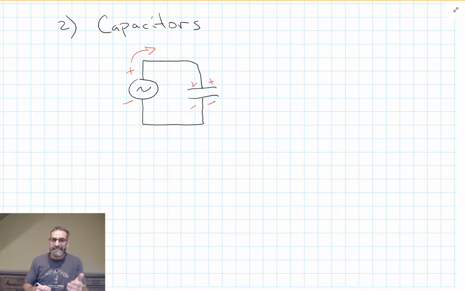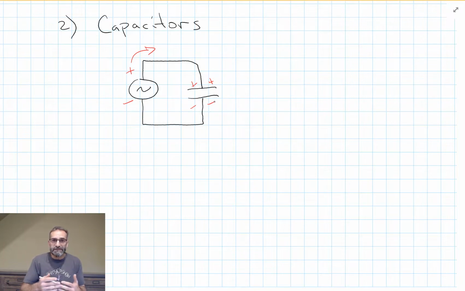But we don't call it resistance because it's a very different mechanism here. Resistance occurs because the electrons moving through the conductor collide with the atoms and molecules that make up the conductor, and that hinders their motion. And that's what we call resistance. In this case, that's not the mechanism at all, but it has a similar effect.